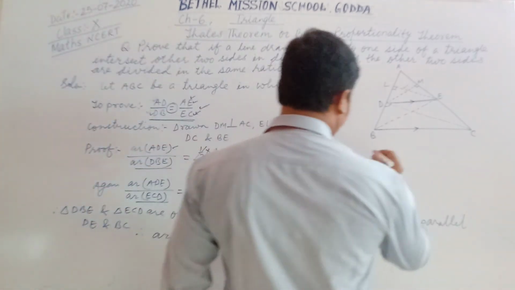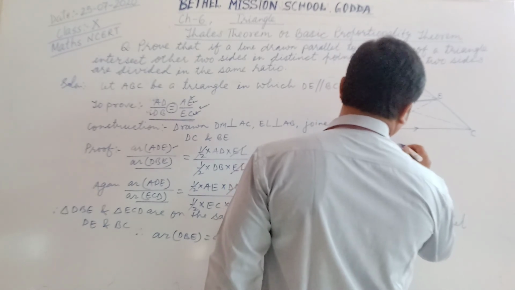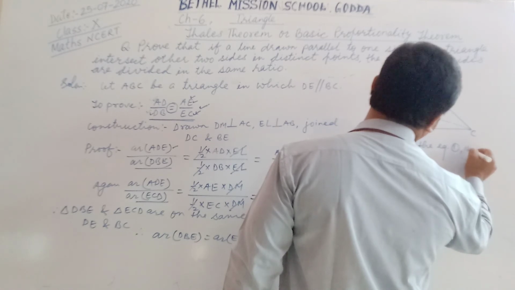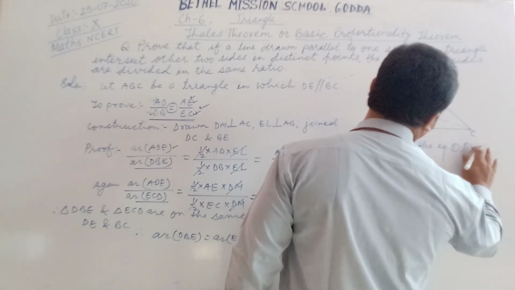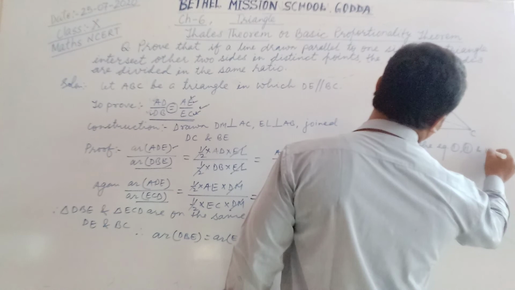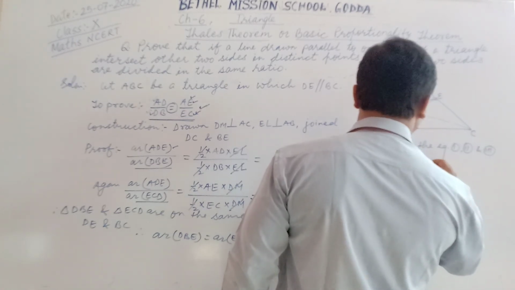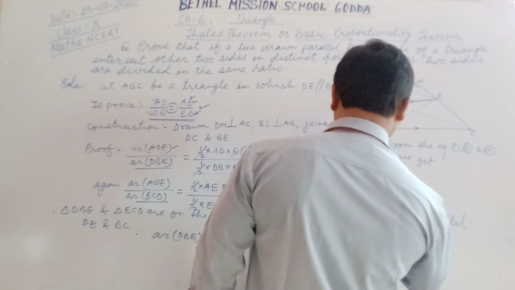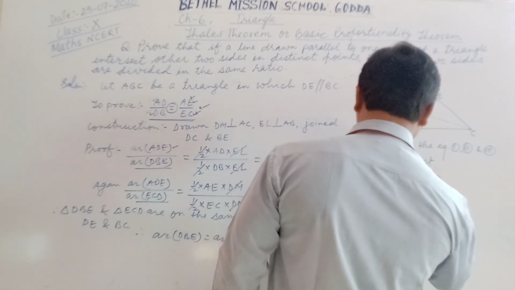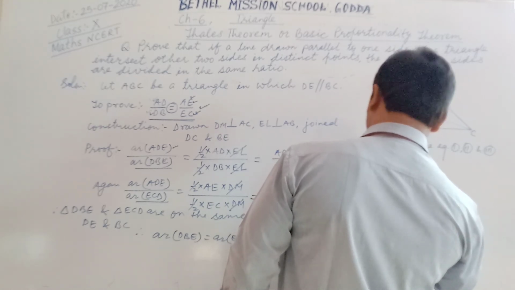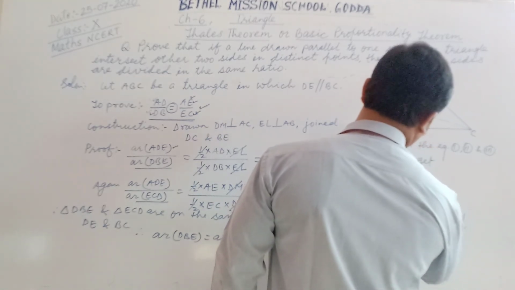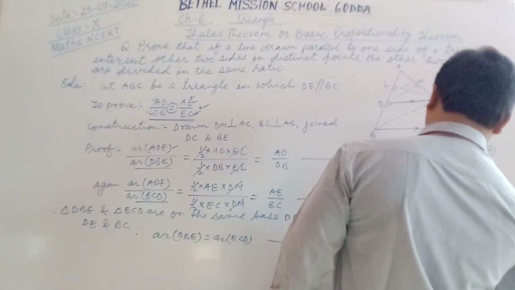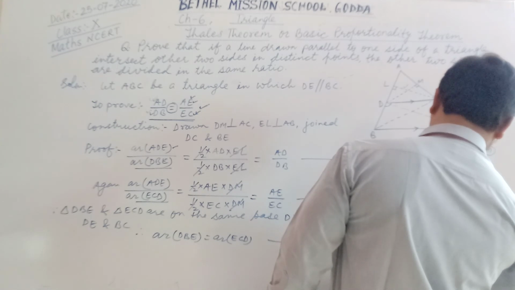From equations 1, 2 and 3, we get AD by DB equals AE by EC. This was to prove, and we proved it. Hence proved.